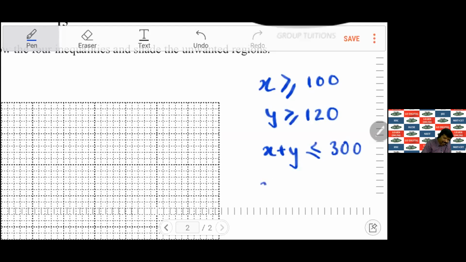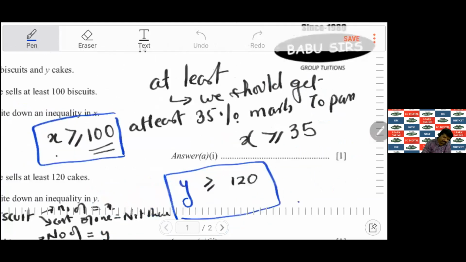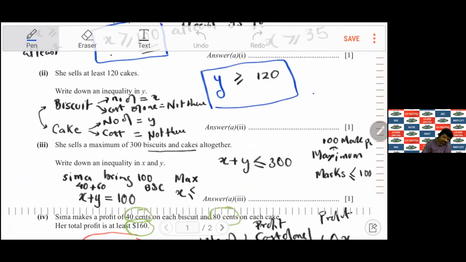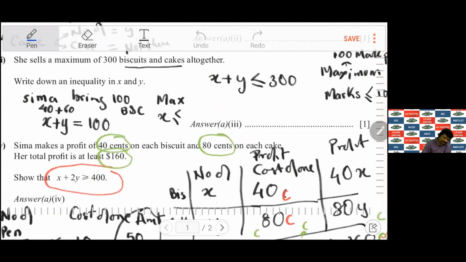And X plus 2Y was less than or equal to 400? You can check it. Greater than or equal.